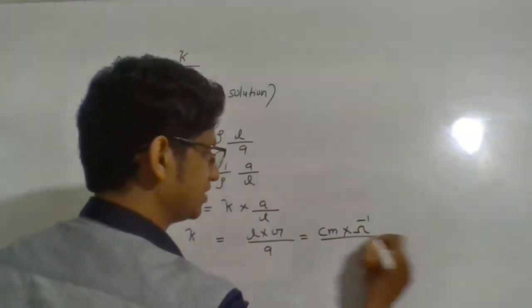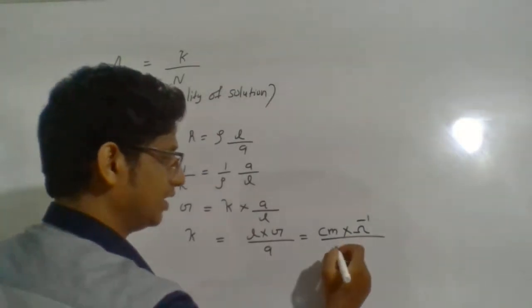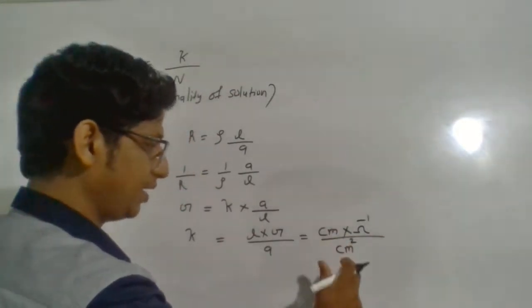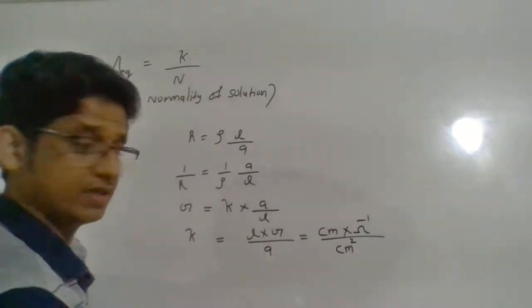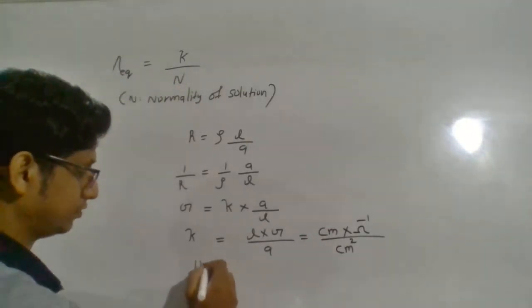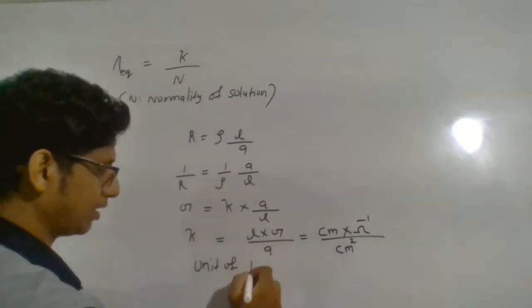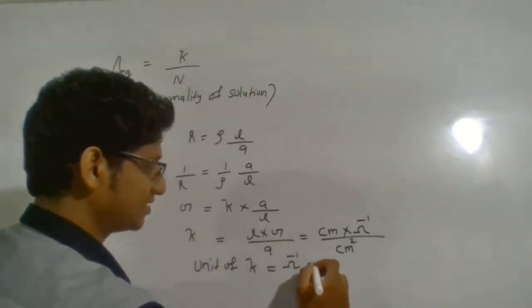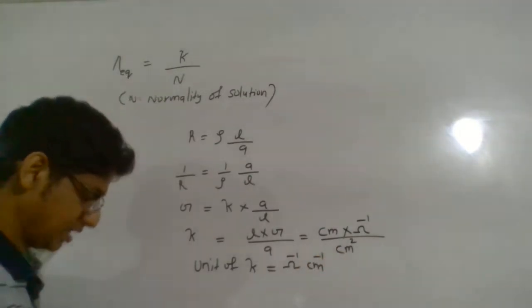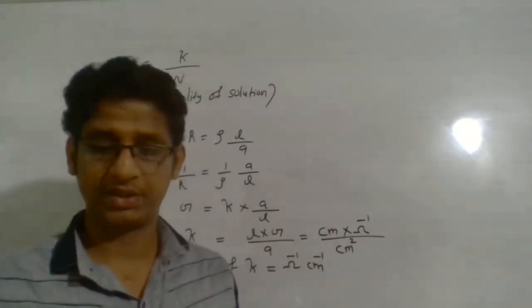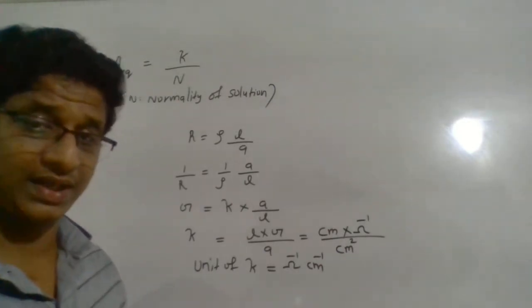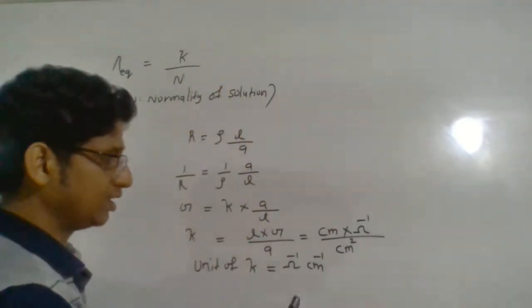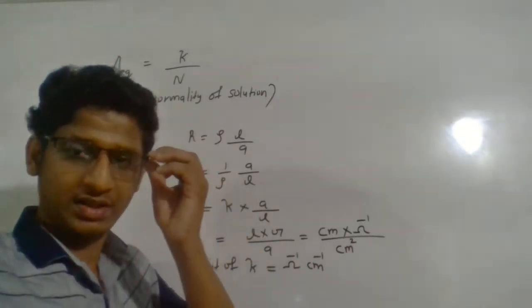Divided by A, the area, which will be centimeter square. So centimeter by centimeter square gives centimeter inverse. So the unit of kappa, the unit of conductivity, is ohm inverse centimeter inverse. Please remember that.